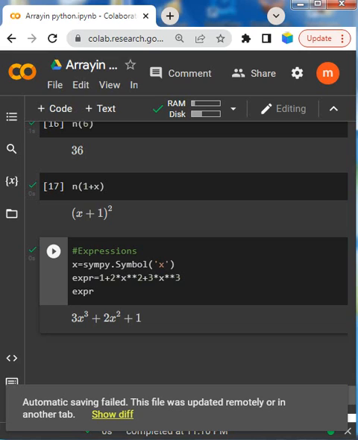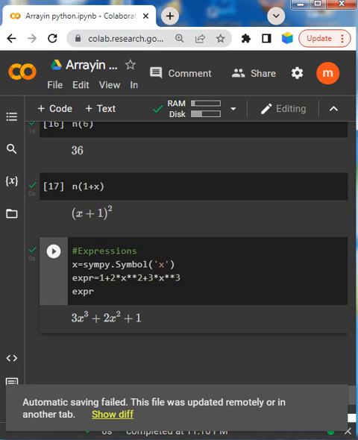Now, if I need to get the arguments, I can use the ARGS attribute, which returns the arguments as a tuple. For a symbol, the args attribute is an empty tuple.